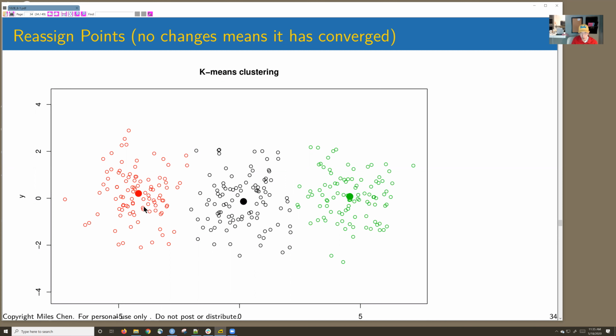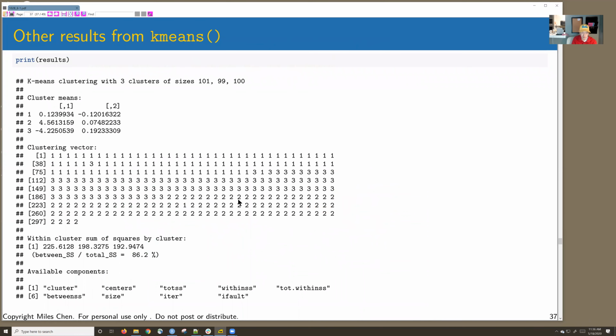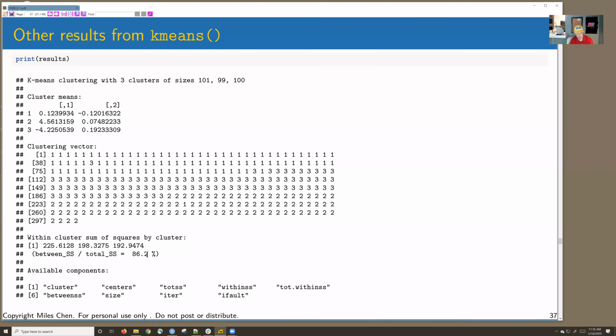The total sum of squares would be if everything were unclassified: you find the mean of all the data points, somewhere probably around here, and the sum of squared distances to that one centroid would be the total sum of squares. So we want to minimize the residual sum of squares or maximize the between sum of squares. If we do between sum of squares divided by total sum of squares, we get something around 86.2. That would be our conceptual equivalent of an R² value for the k-means clustering algorithm.